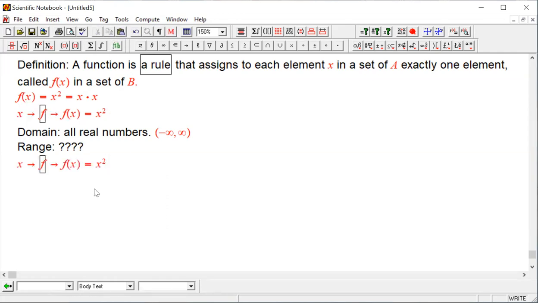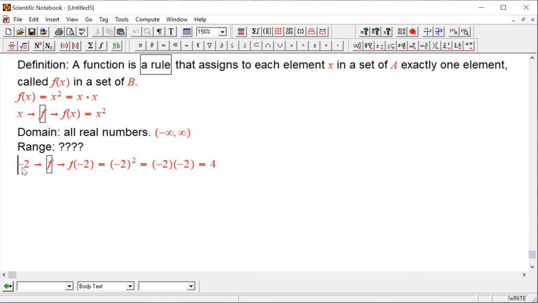If my input is -2, so f of -2 would be -2 times what? -2 times itself. And what is -2 times -2? -2 times -2 is 4.